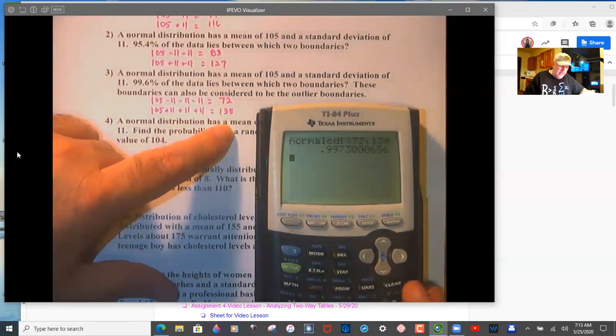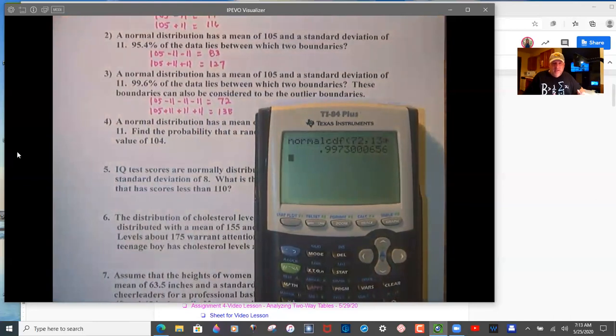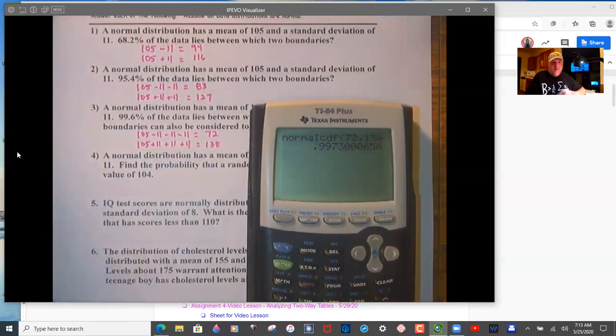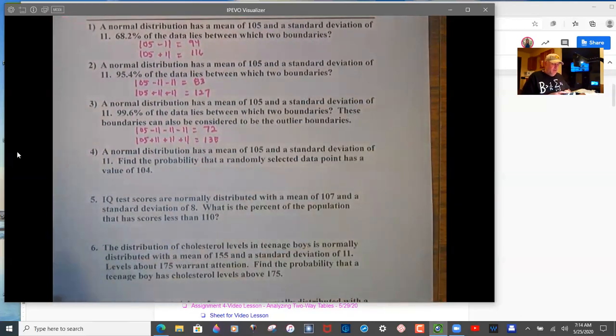I should get 0.997. Oh, close, 0.996. But you get the idea. That's going to throw out the percent, same way on number 2, same thing on number 1, for those numbers of standard deviations away from the mean.